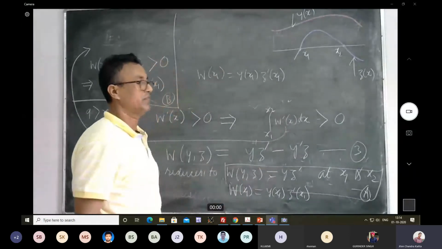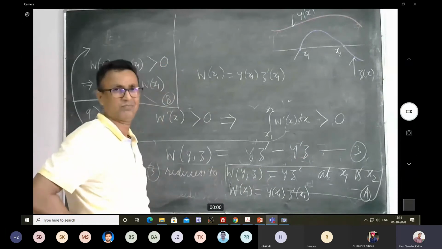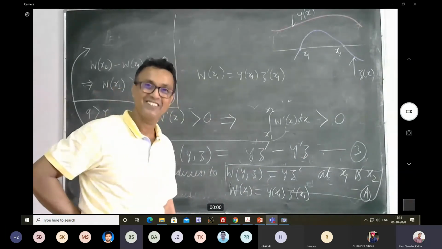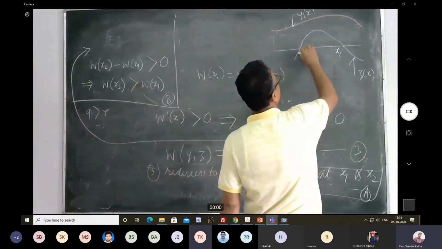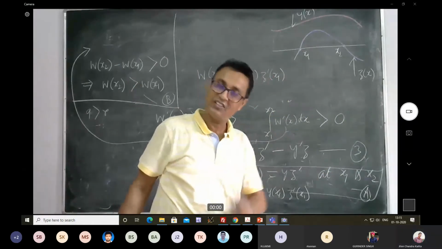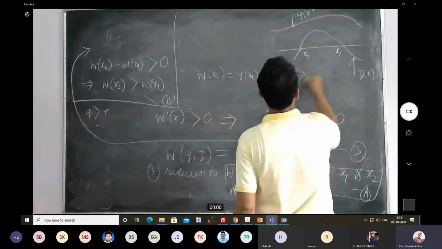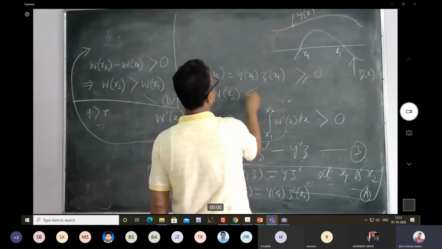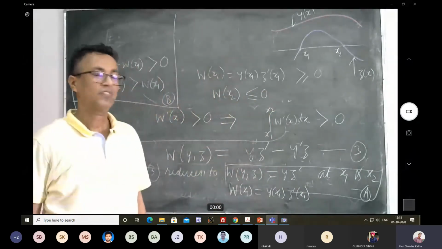It will be positive, because here z must be a monotonically increasing function. So this is greater than or equal to 0. Similarly, W(x2) is less than or equal to 0.